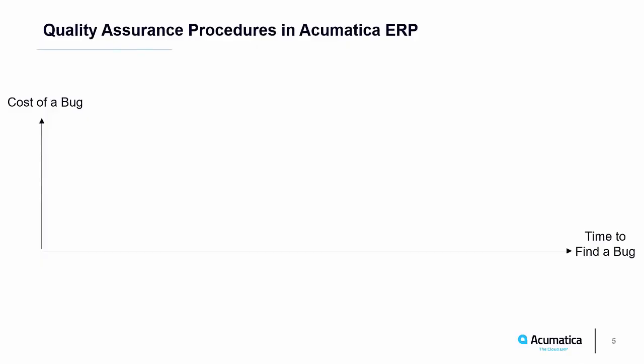Let's first of all take a look at the classic chart that I'm sure you've already seen somewhere. That's a chart of the cost of fixing a bug related to the time to find that bug. First of all, you probably know that if you find the bug earlier, it is easier to fix the bug.